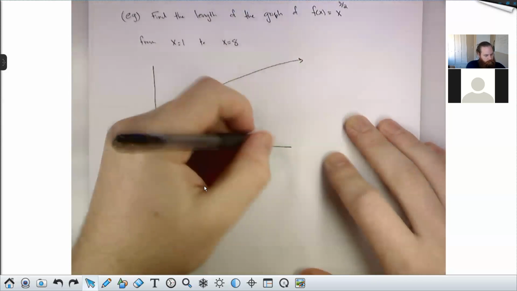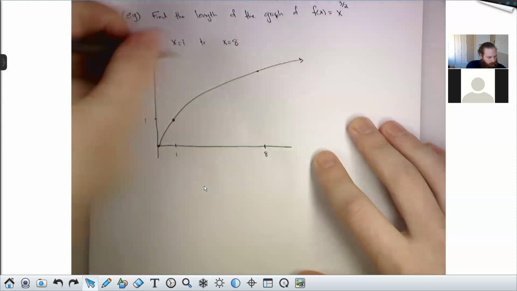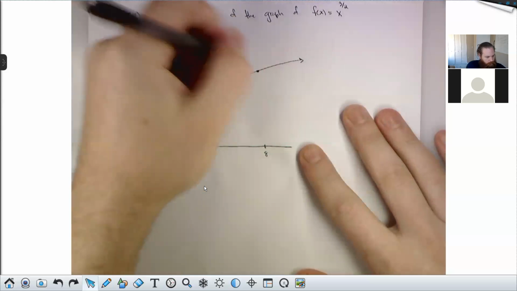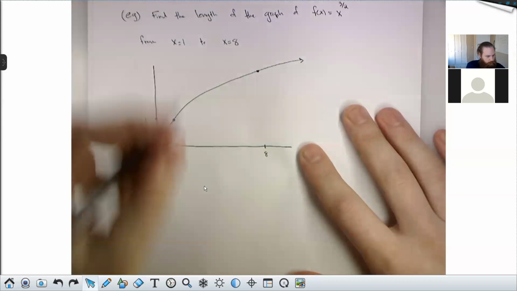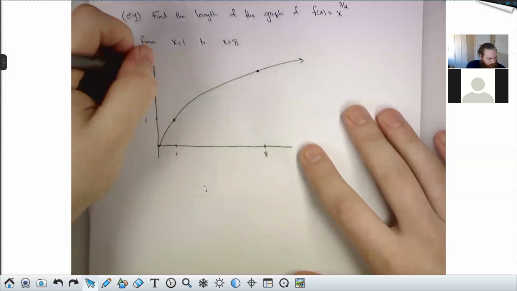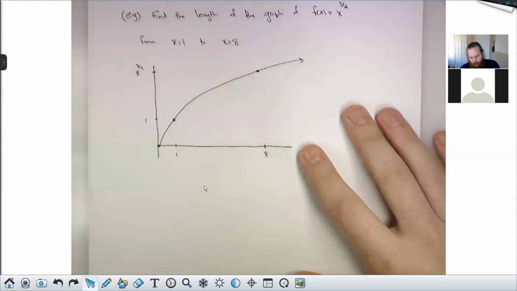X equals 8 would be out here. 8 to the 3/2, the square root of 8. Yeah, it's not a nice number. 8 to the 2/3 is nice, but 8 to the 3/2 is not.